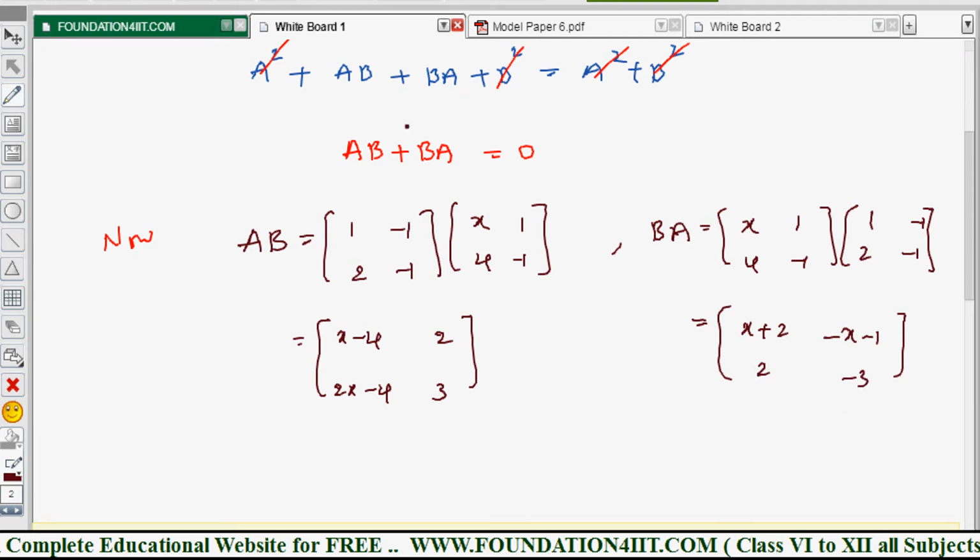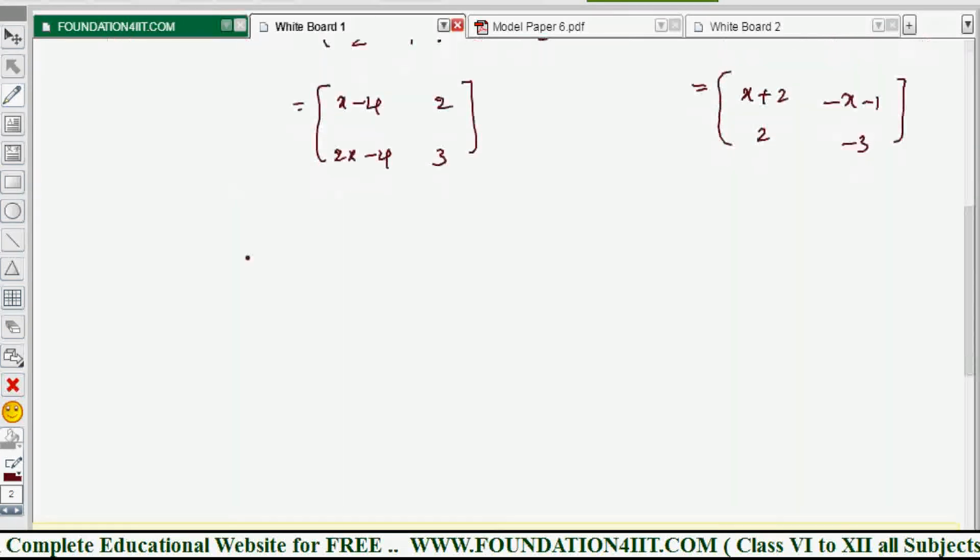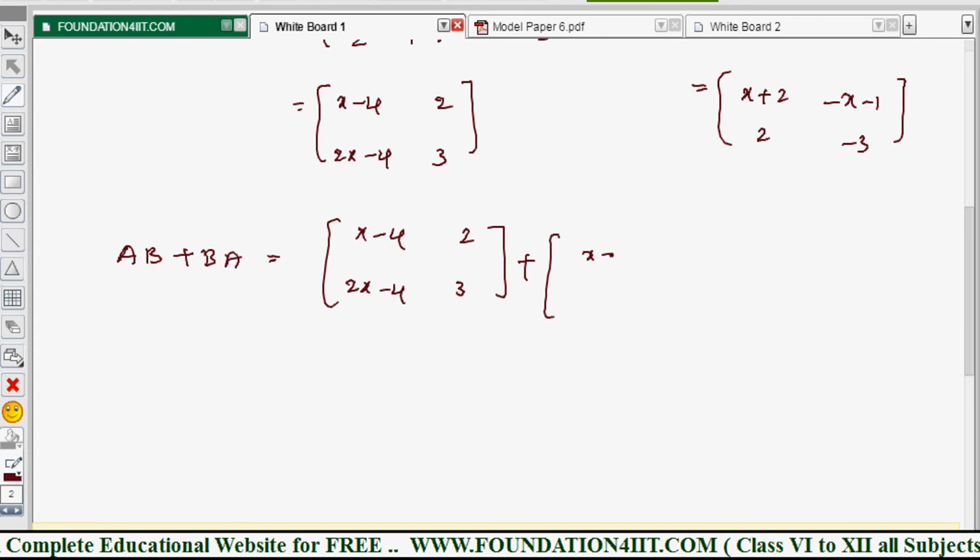Now according to the statement, AB + BA equals the null matrix, 0. We will take both AB and BA. Therefore AB matrix plus BA matrix: AB is [x - 4, 2; 2x - 4, 3] plus matrix BA, that is [x + 2, -x - 1; 2, -3].